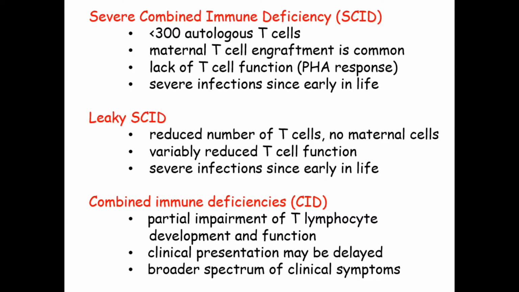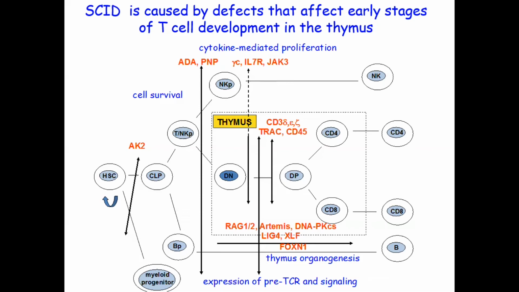So you do have a variable number of T cells. You can produce a little bit more than in the typical or leaky forms of SCID, and the function of T cells may not be as abnormal as in typical or atypical SCID. Because of this, the clinical presentation with regard to infections may also be delayed, but as I will show in a minute, you also have a broader spectrum of clinical symptoms, not just infections.